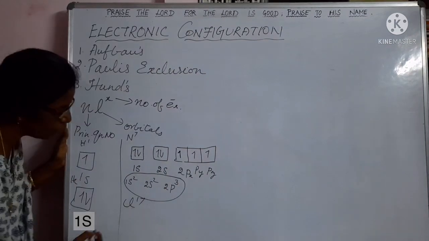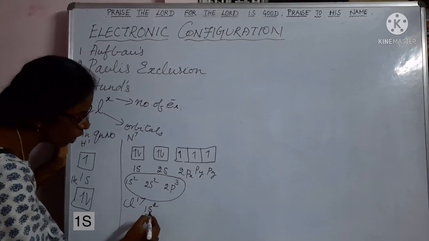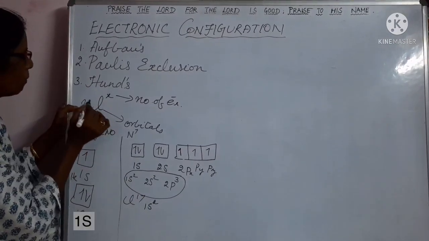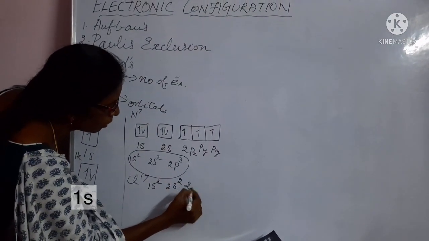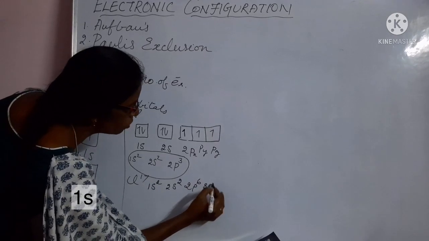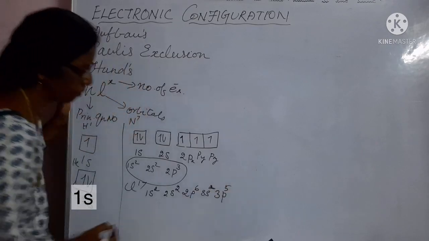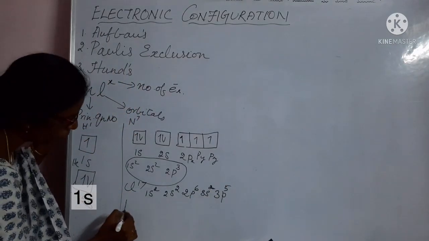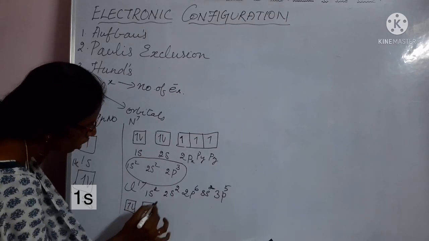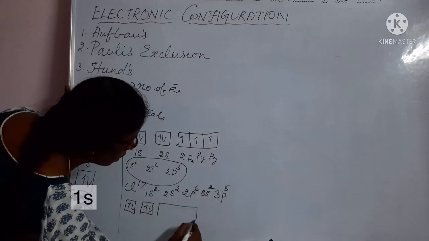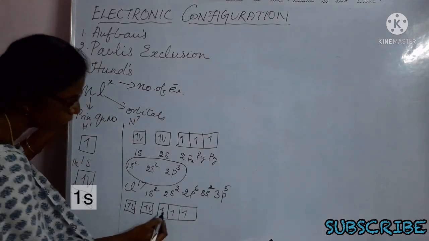Chlorine, atomic number is 17. We can write the configuration as we learned, in increasing order of energy levels. Follow the formula n l^x. So 1s2, 2s2, 2p6, 3s2, then 3p5. First you put 1s2, then 2s2, then 2p6, one, one, one, and only then we start pairing.